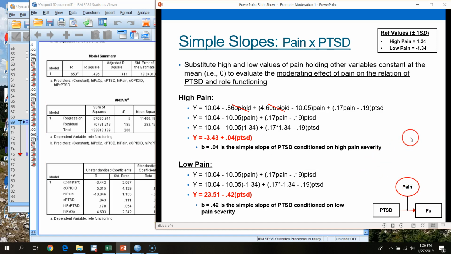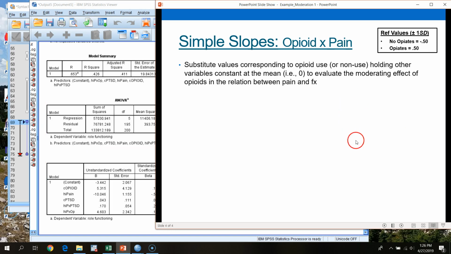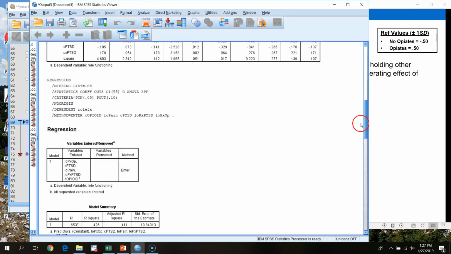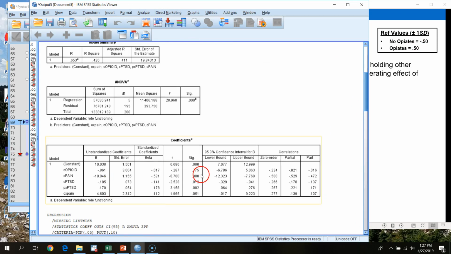Okay, but remember that we also had a second interactive effect here, wanting to look at opiate use as a moderator of the relation between pain and functioning. And again, we found in our base model, right? So this is our base model.